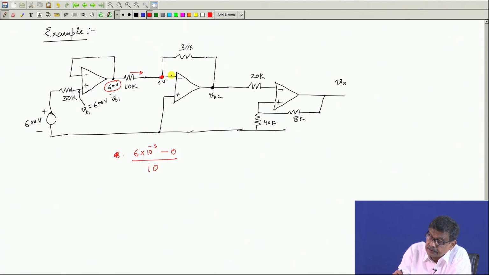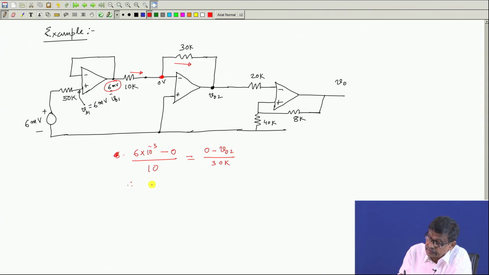Here this current is 0. So, this must be same as this current, which has to be equal to 0 minus V02 by 30K. Is it not?